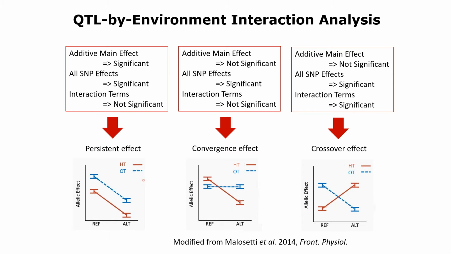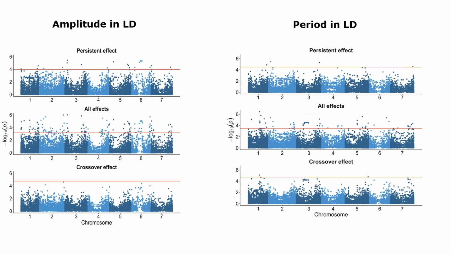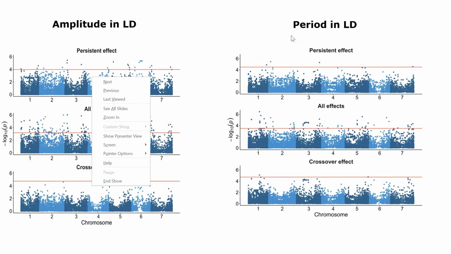We carried out this experiment for amplitude and period, and this particular one we did on the B1K lines. Although we carried it out on the Hebb lines as well, I wanted to show some results from this B1K population. Here are the different effects that we discussed in the previous slide: the persistent effect, the convergence effect, and the crossover effect, for amplitude, and on the right-hand side for period.